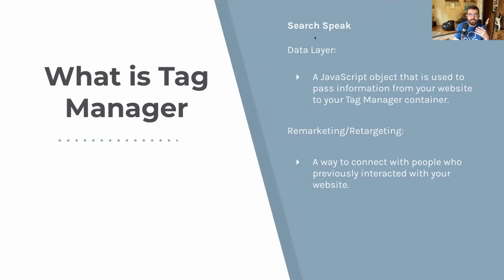We also got to talk about, and you don't have to stress about this, but I do want to mention it, an important concept in Tag Manager called the data layer. It's super advanced, so don't stress about it, but I do want to touch on it. Basically, there's a little bit of code that's collecting all this information, and that's called the data layer. The data layer will have it there, and then it decides, based on what you've told it or what the tags are supposed to do, where information is going.